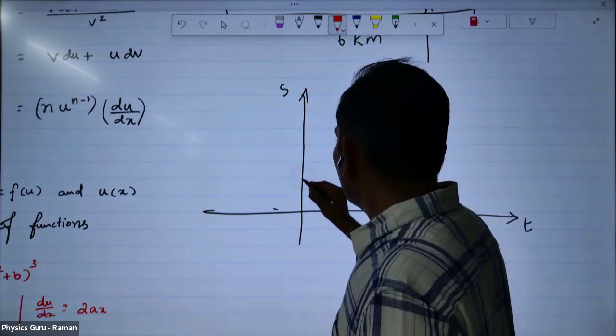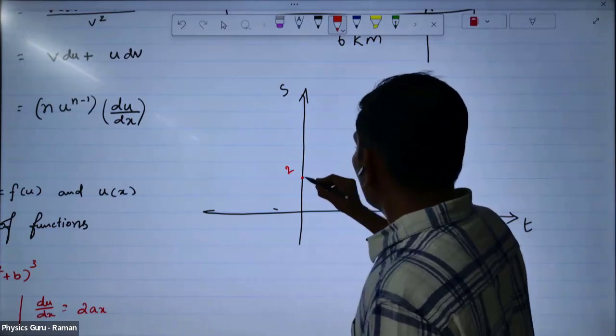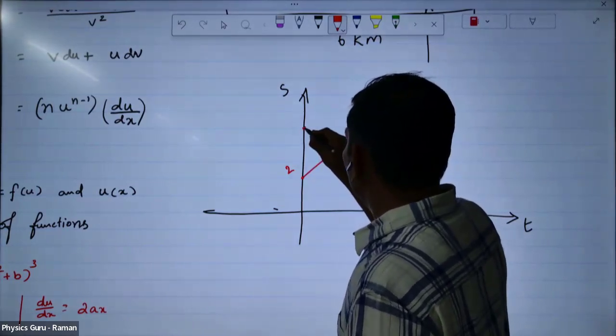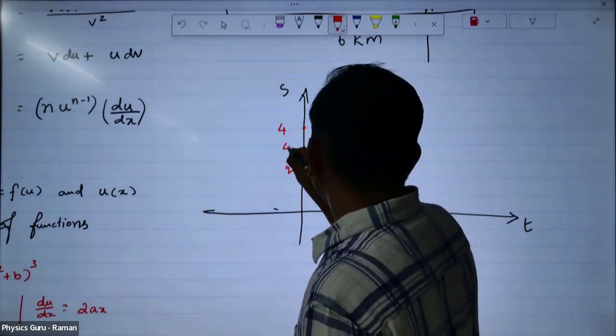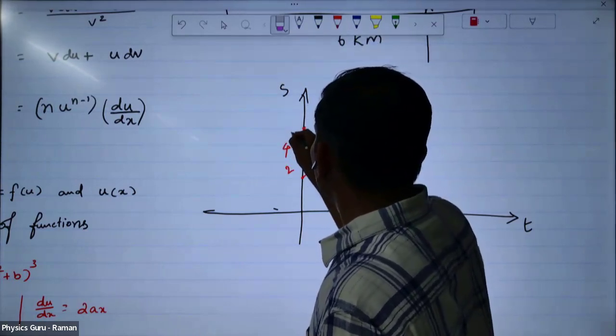So I mark it here. It is already 2 kilometers. And from there, he is slowly rising to the 4 kilometer. This is 4, and this is 6.